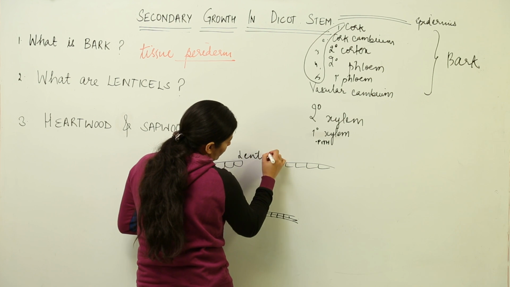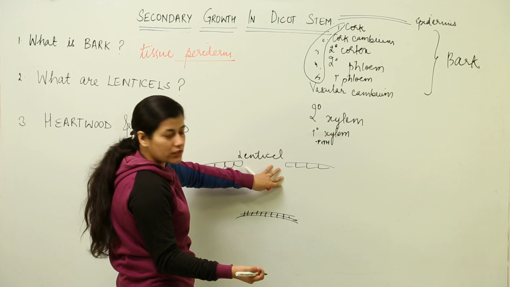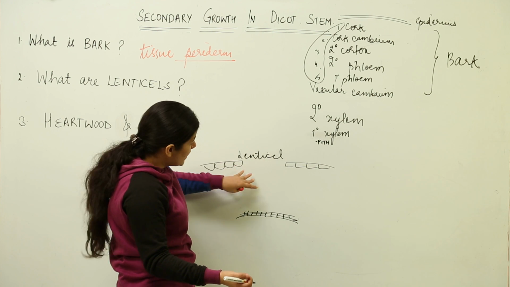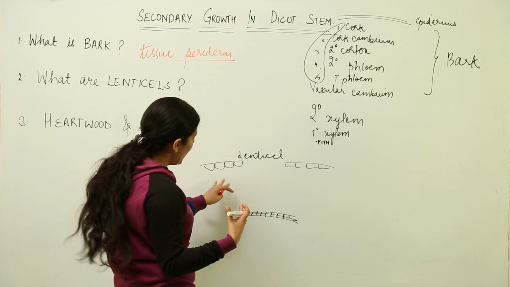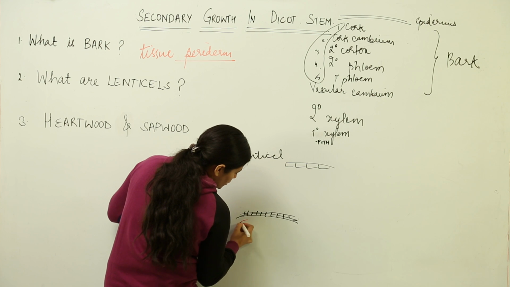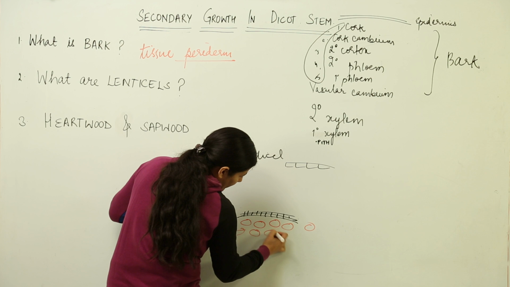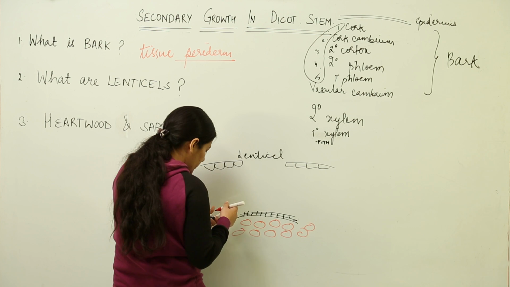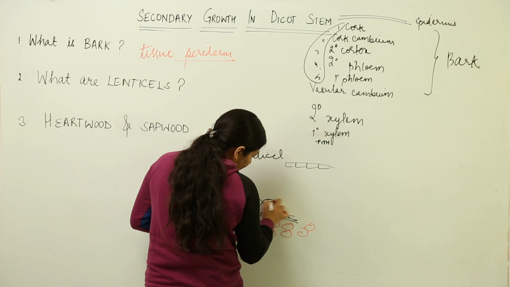This particular pore, which is caused by breaking up of the epidermis within the secondary growth process, is known as lenticel, and you would find many lenticels in the bark of a tree, and this is the cork cambium. It gives rise to secondary cortex. These are the parenchymatous cells which are growing inwards, and outwards you have cork, dead cells.